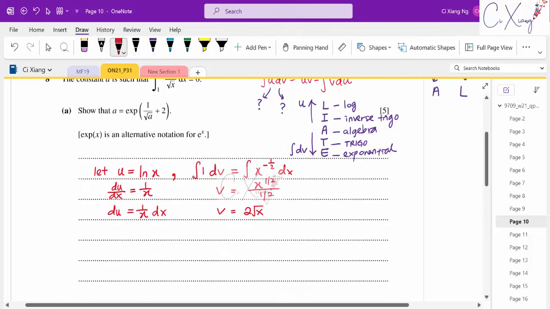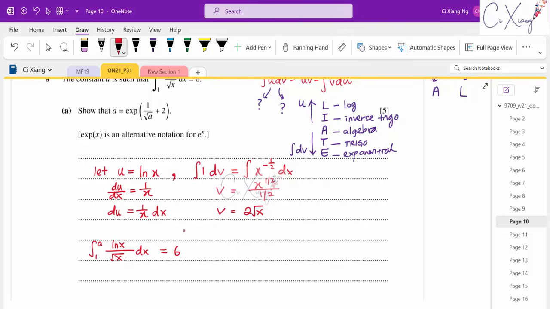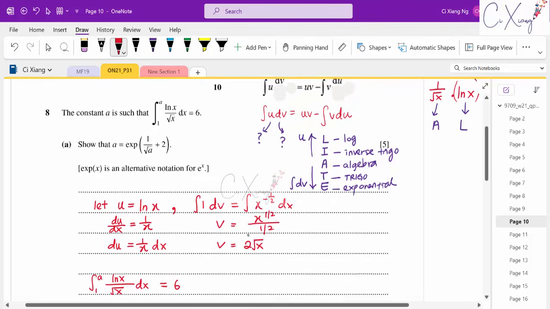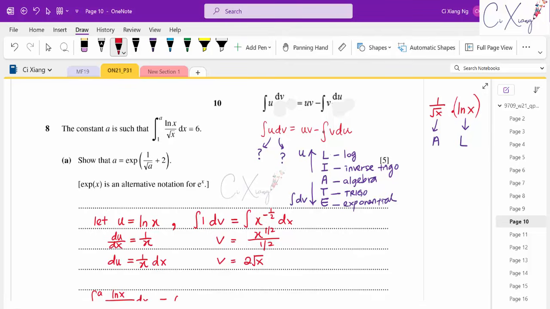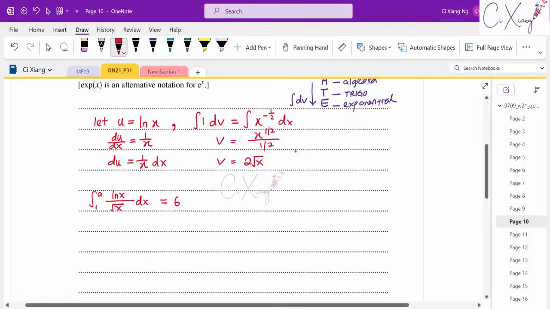Okay, so I'm having the integration of 1 until a, then we are having ln x divided by square root x dx, that equals to 6. So this one, now I want to replace it by uv minus integration of v du. Remember this equation now, uv minus integration of the v du. What is uv?